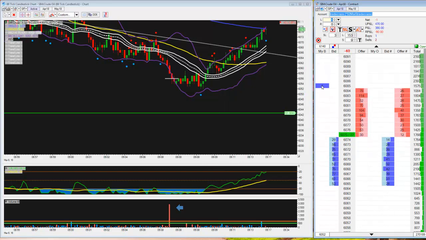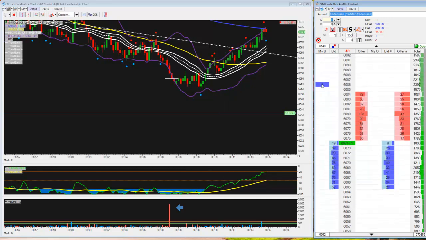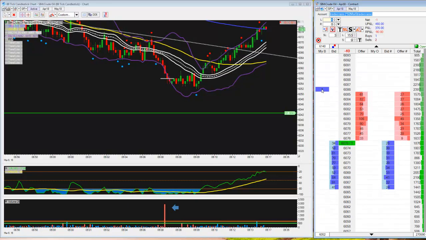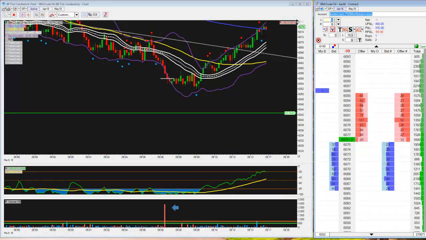We're going to go 86. Be 3 ticks higher than that 83. Let's lock the chart in.